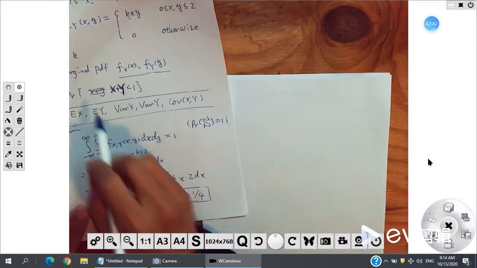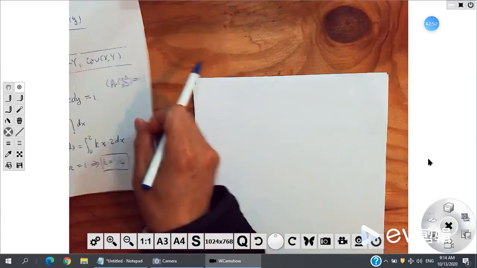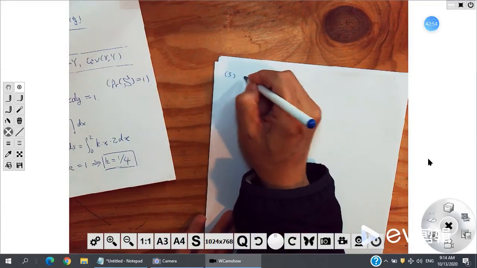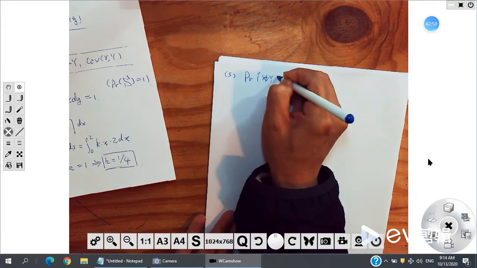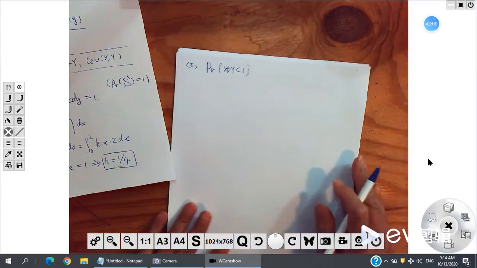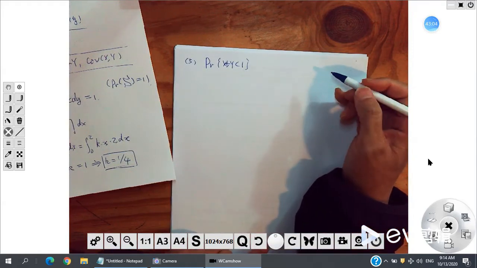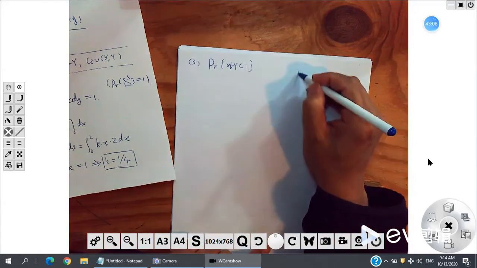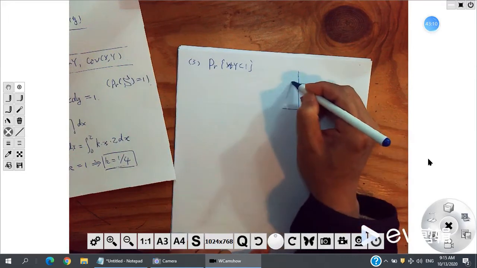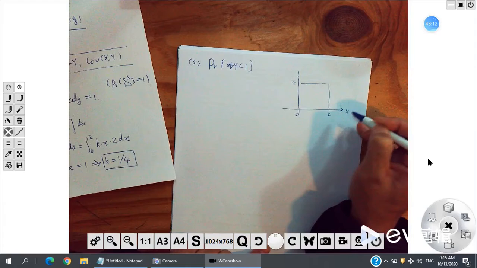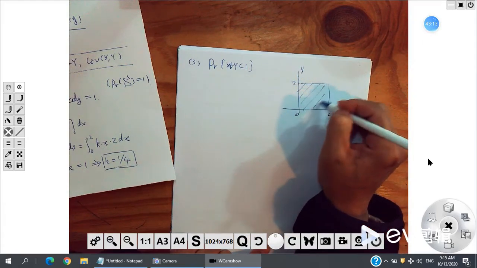We want to find the probability x plus y smaller than 1. For this kind of thing, a graph will help. From 0 to 2, both x and y, you can think this is the whole sample space.